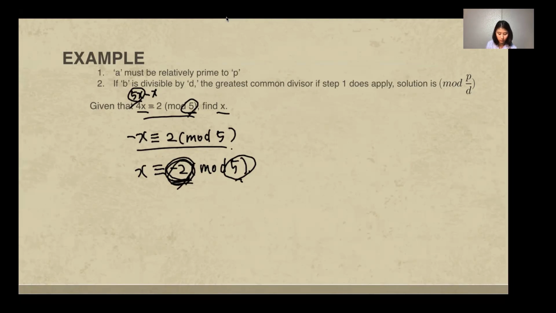Now, if this number was, for example, -7, even if we add 5, the number would still be negative, so you would just add another 5. But since that's not the case, we can just add 5 to -2 once, and we would get x is congruent to 3 mod 5. And so that would be the answer to x.